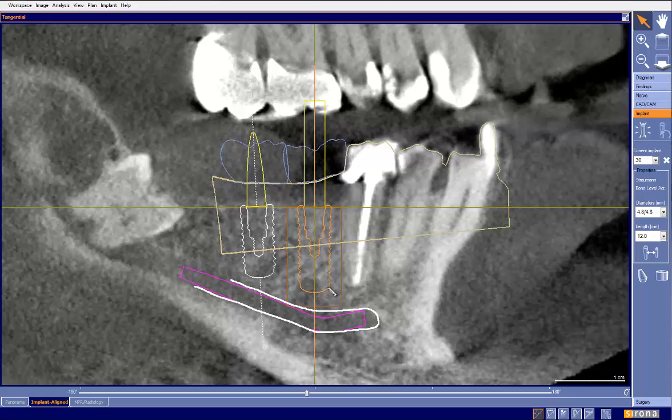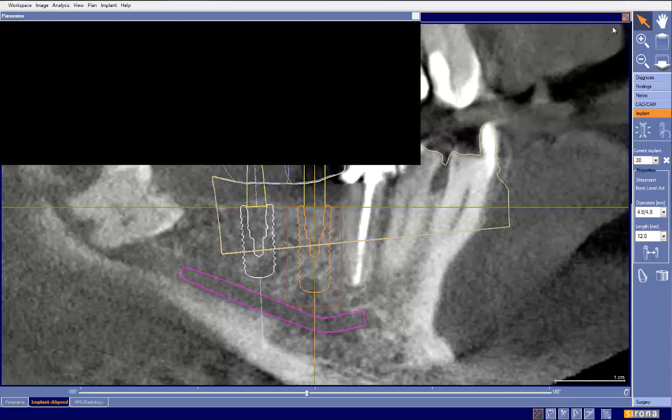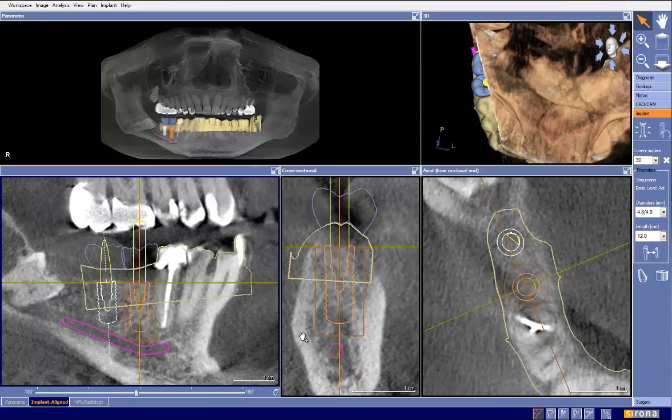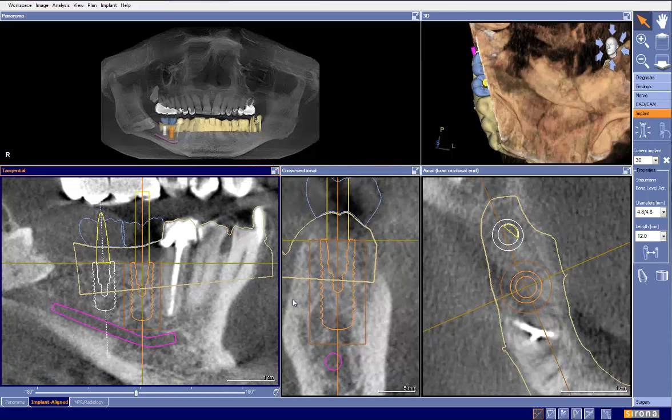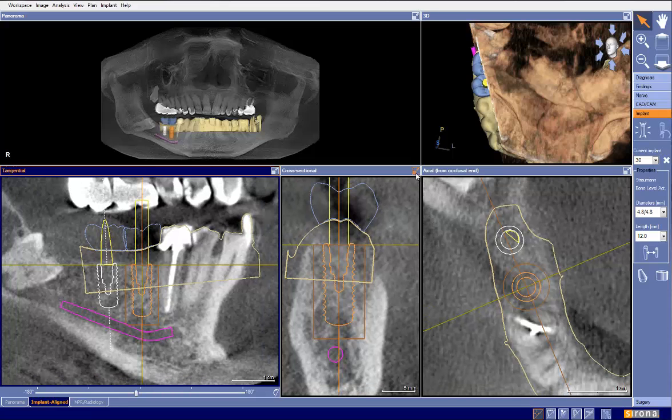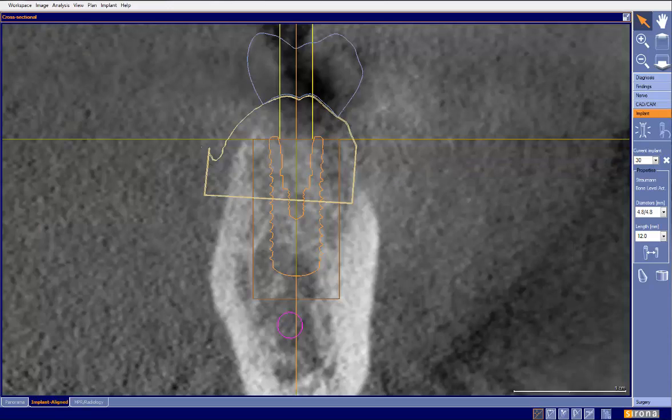So the question is, are we accurate in our nerve mapping? Does that matter? And with the nerve, absolutely it matters. So, I would take into consideration that my nerve may actually be, and if we look at it from this angle, my nerve may actually go somewhere up like so.